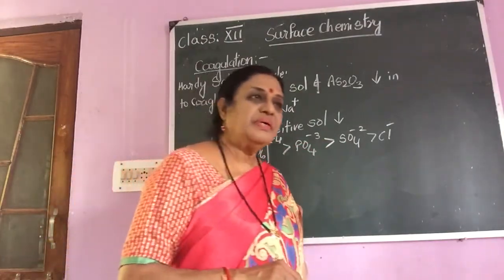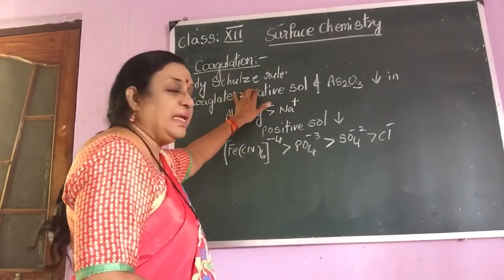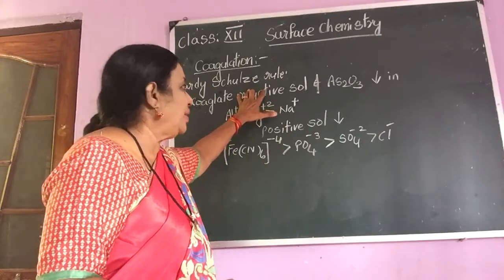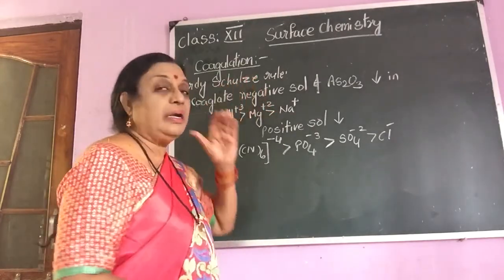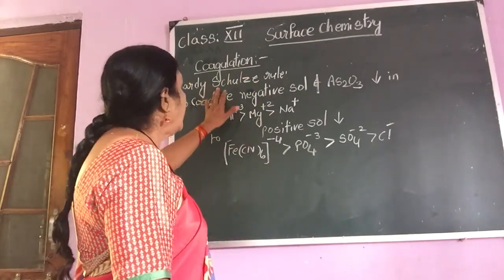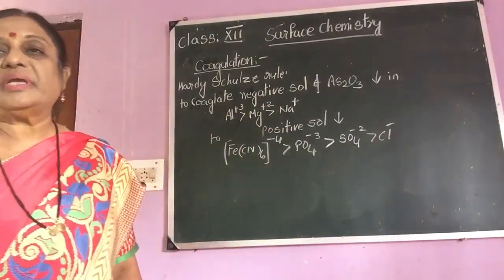Okay. For the first time, Hardy-Schulze studied the coagulating power of different electrolytes on different colloidal solutions. Under his name, it is known as the Hardy-Schulze rule. Okay, Hardy-Schulze rule.